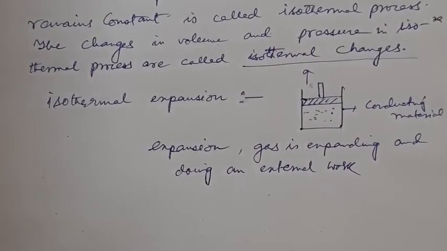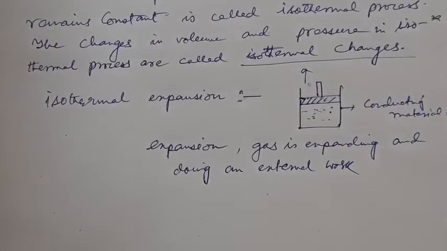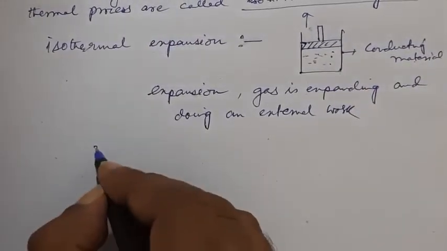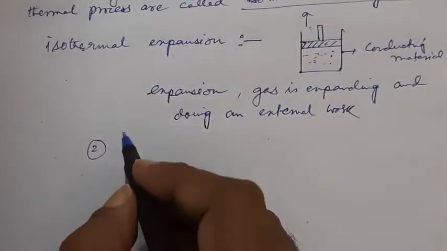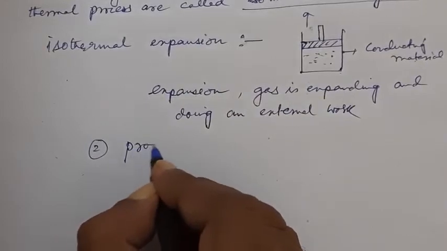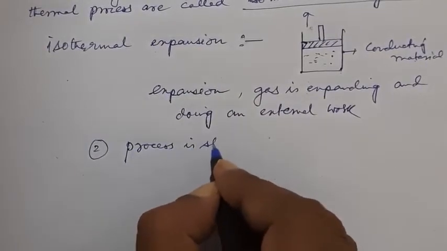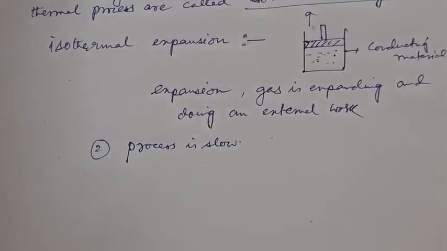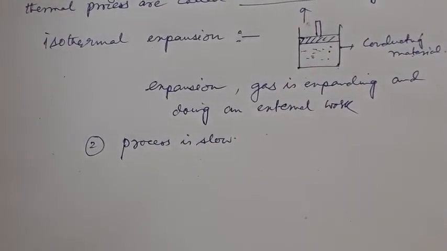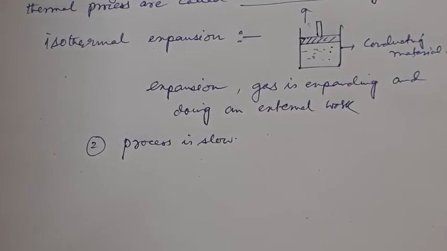The second point is that the expansion of the gas is very slow. Even if the conductive material is present, if we do not give time, heat will not flow, because heat requires a specific amount of time to flow from one body to another.